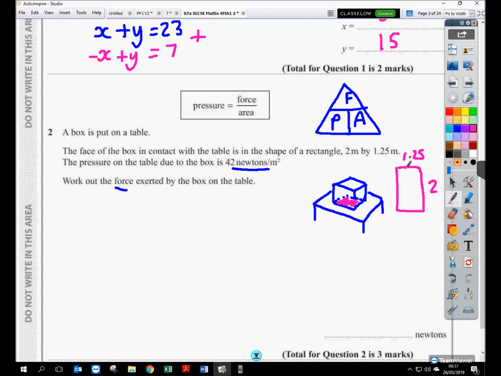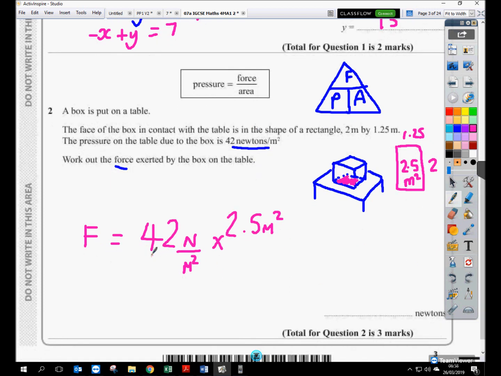So the area of the rectangle is length times width. 2 times 1.25 is 2.5 meters squared. So the area is equal to 2.5 meters squared. Force is equal to pressure times area according to the triangle. So it's 42 newtons per meter squared multiplied by the area, which is 2.5 meters squared.